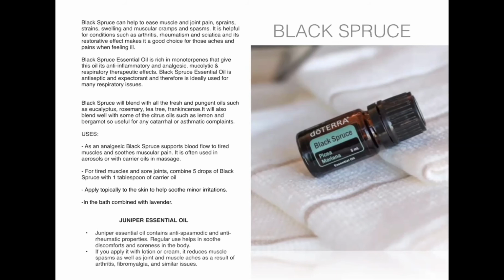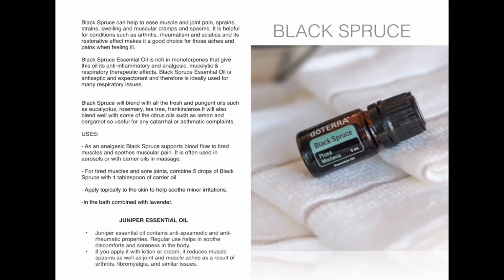There are different ways you can use black spruce: on its own, or in combination with other oils. As you can see here, I put eucalyptus and rosemary, which are very good for pain in general, also tea tree and frankincense. And to support the respiratory system, it can also be good to combine this oil with any citrusy oil, like for example here I say lemon and bergamot.